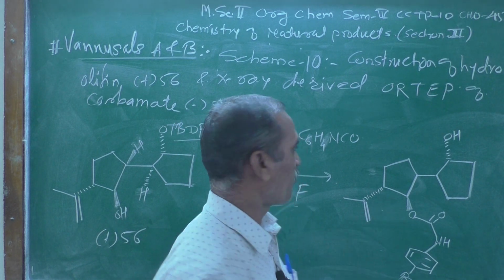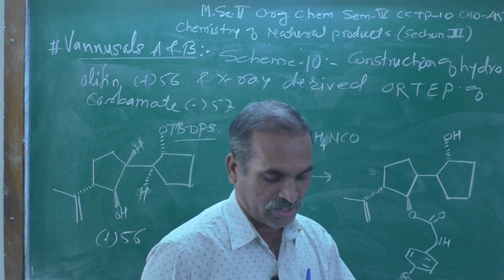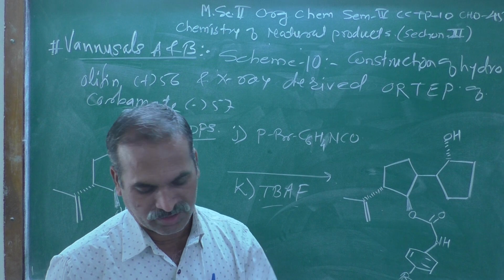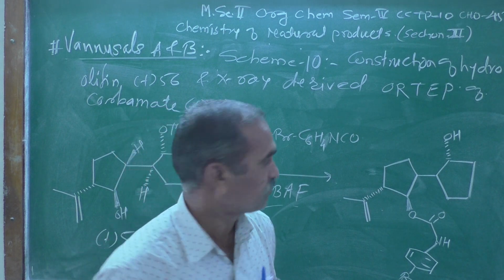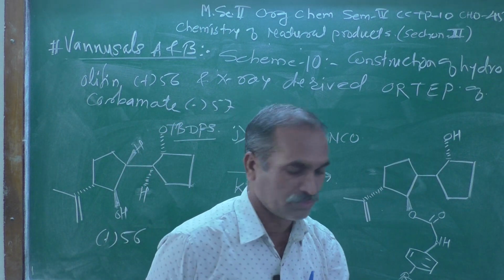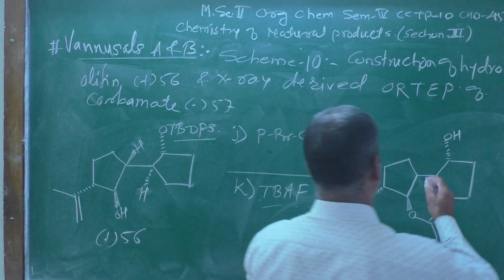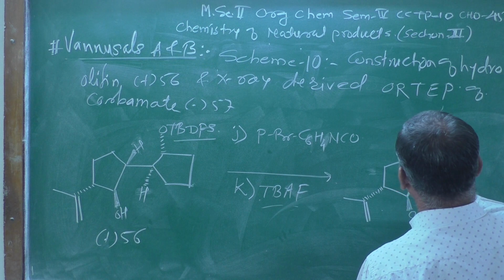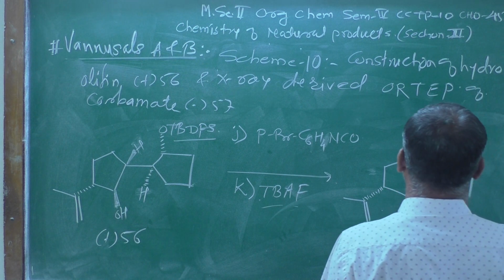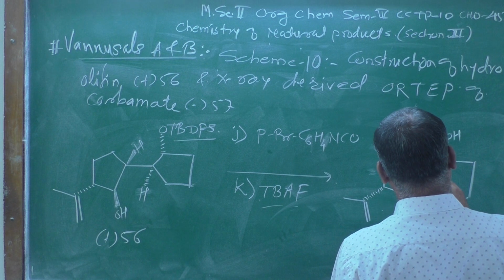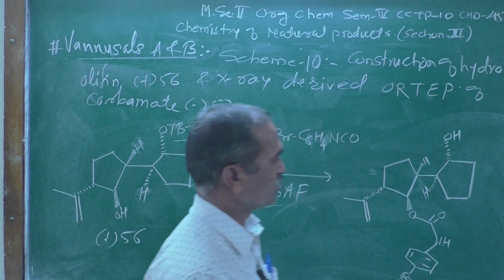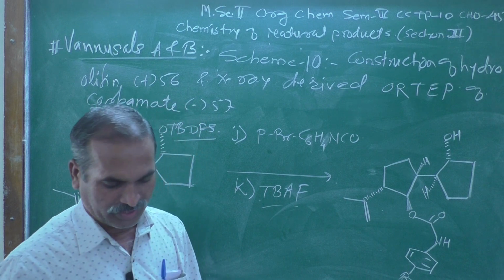Fluoride has a great affinity toward silicon, and therefore it is preferentially deprotected, and we will get as a desired product the hydroxyl group back over here. And now the hydrogen atom which is at this junction remains as it is, the other hydrogen atom also remains, that goes below the plane.